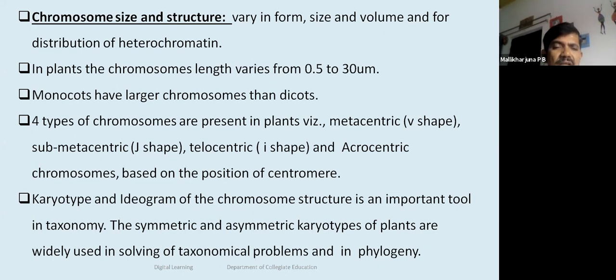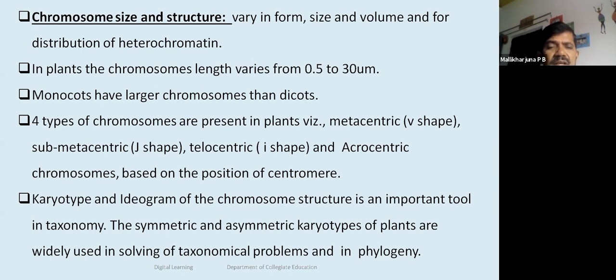There are two types of karyotypes: symmetric karyotype and asymmetric karyotype. In a symmetric karyotype, generally all the chromosomes of the genome are metacentric or submetacentric. Whereas in an asymmetric karyotype, all four types or three types of chromosomes are usually present in the genome.